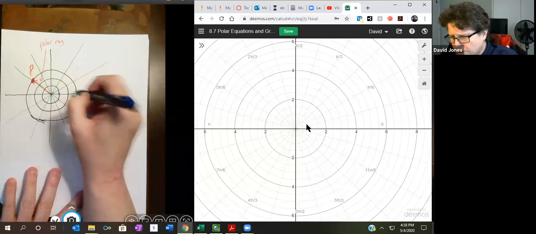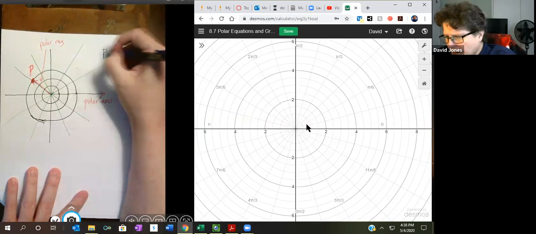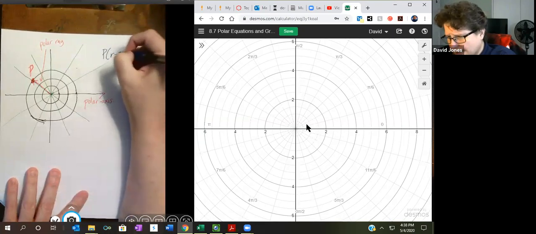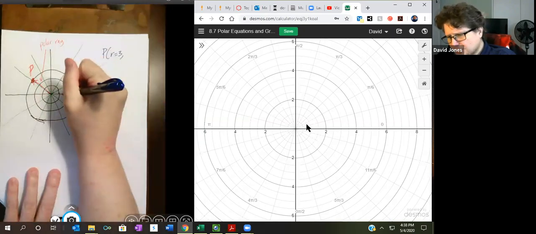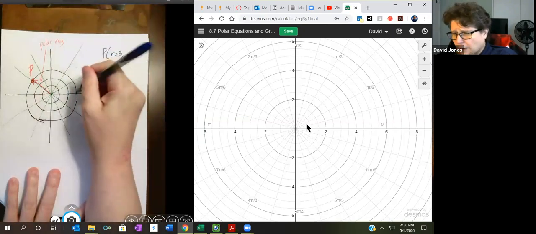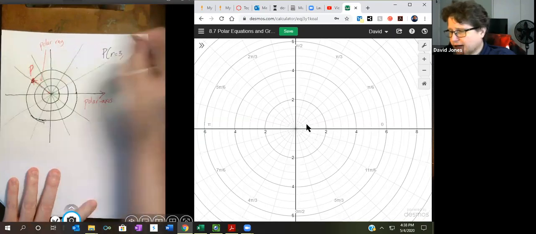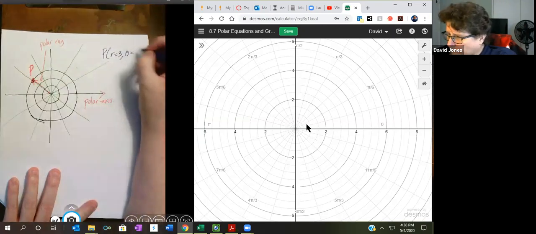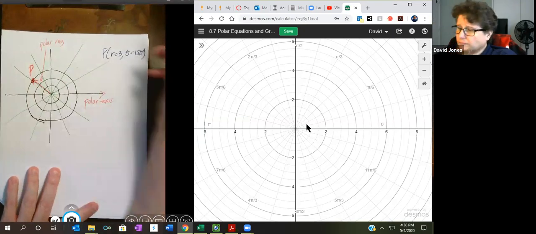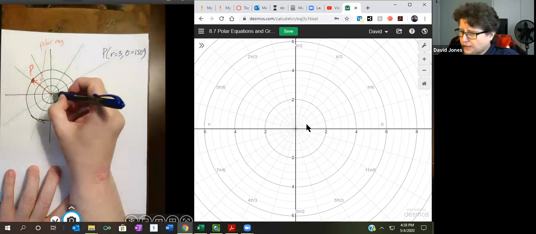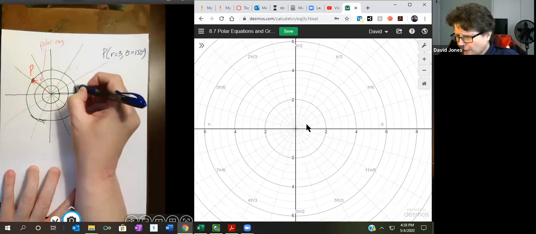I went out 1, 2, 3 rings and rotate around. I am on r equals 3. And then how many units did I swing outwards? I went 30, 60, 90, 120, 150 degrees. So that was me going like this and then following it that way.